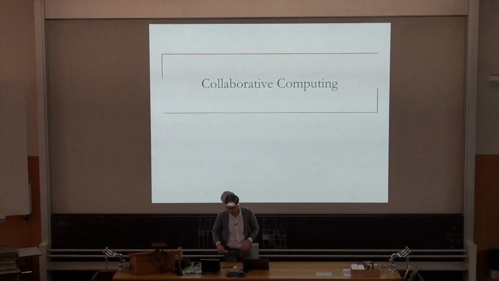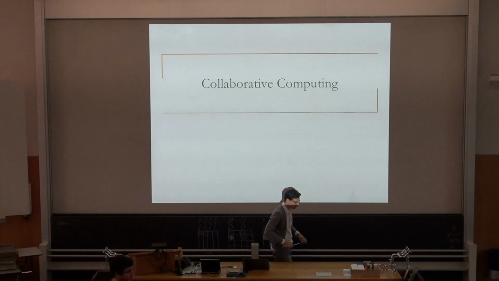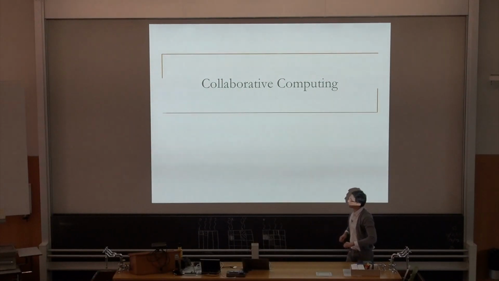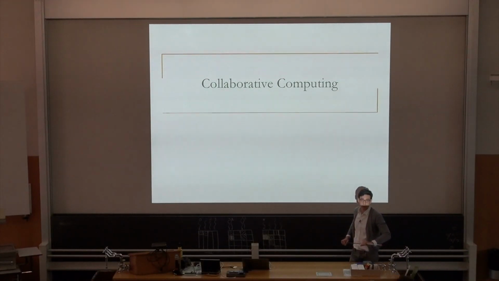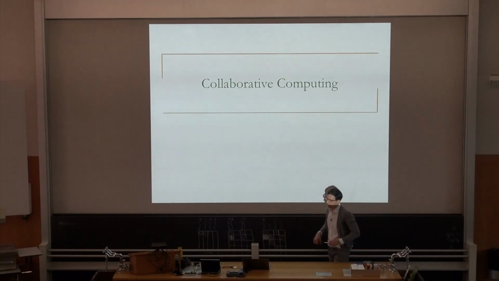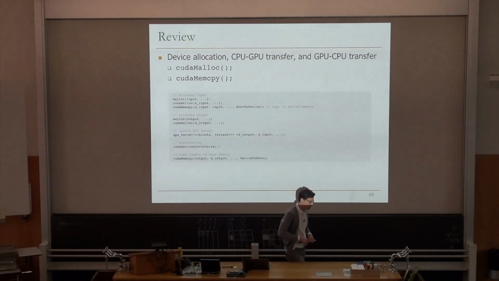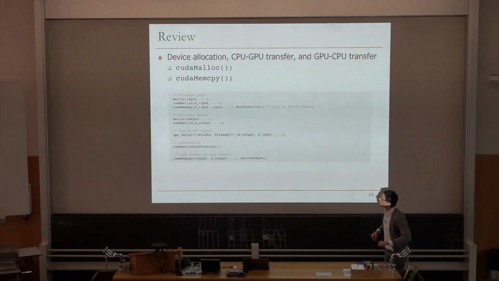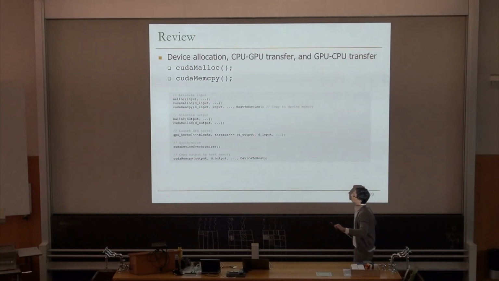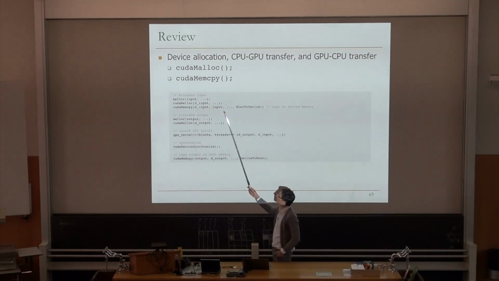Okay, let's continue. So, the second part of this set of slides is the collaborative computing part. As we have just been discussing, in the traditional accelerator approach, what we do is that we use CUDA malloc and CUDA memcpy to allocate memory.